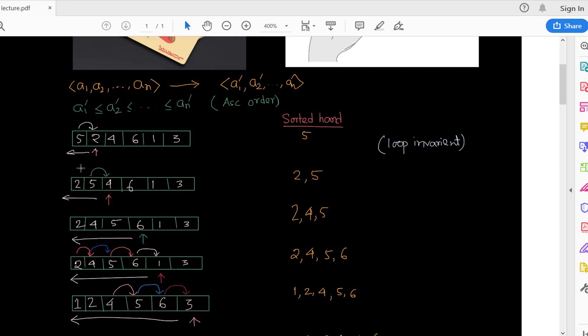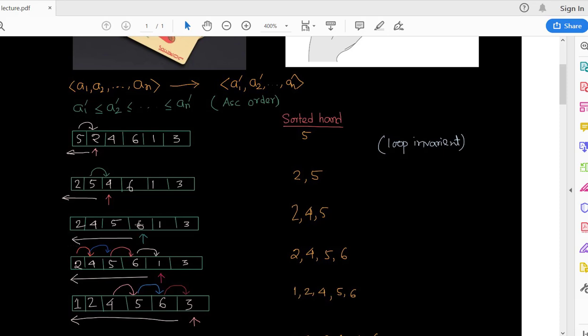As I told you in the previous video, the left-hand side will always be sorted, as the first element is always sorted, so that's why we are starting with 2. If the 2 is less than the element on its left, we move that element one position to the right and then shift the 2 into place. That is what we are doing here.